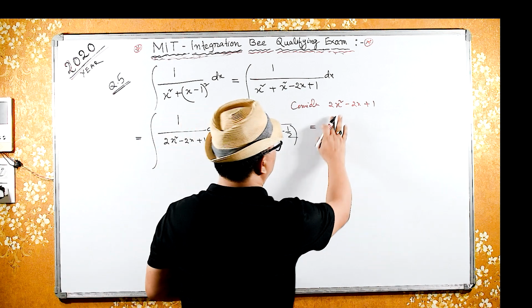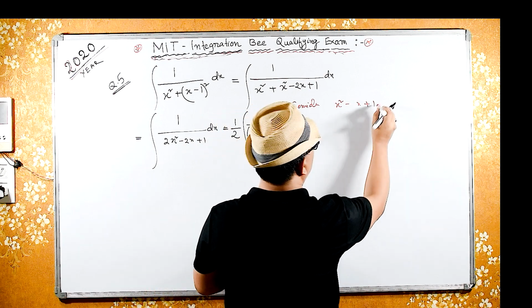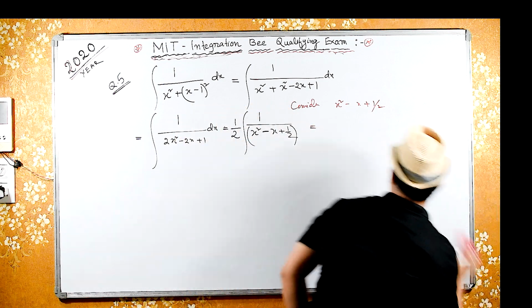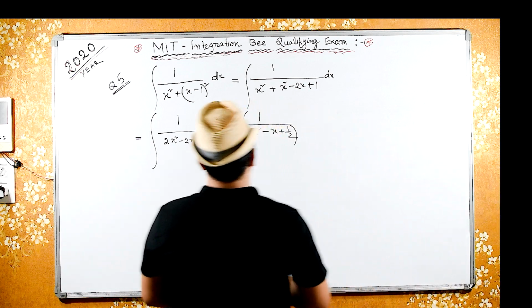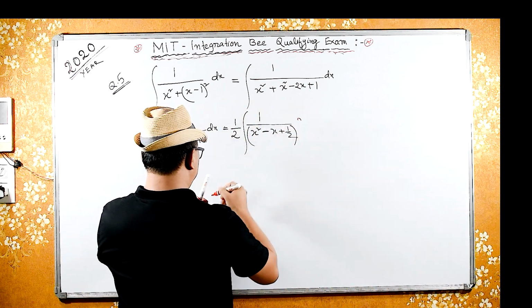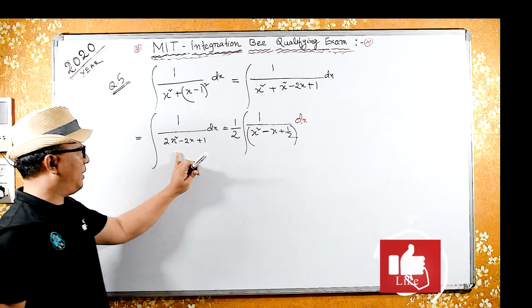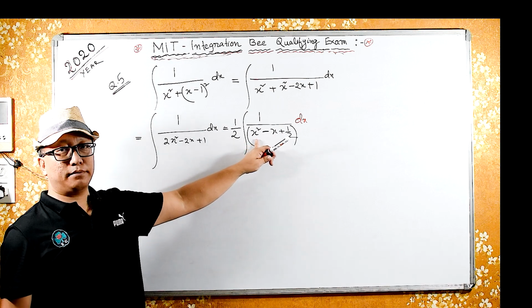Therefore let's remove this and write half instead of 1. This is dx. I'm taking 2 common, making the coefficient of x square in the quadratic equation become 1.